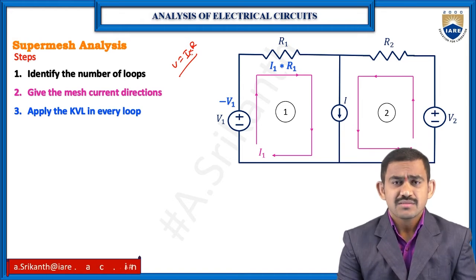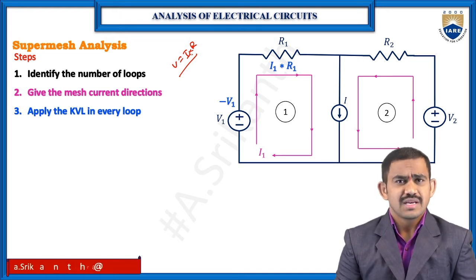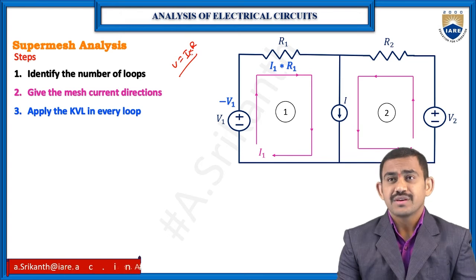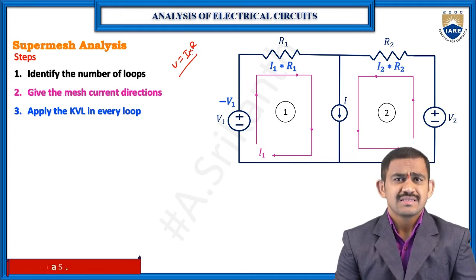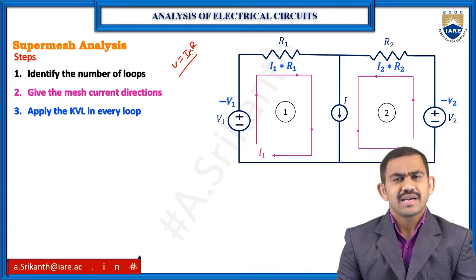At R1, I is nothing but I1, and R is replaced with R1. Then coming to R2, how many currents do we have? Again we have only one current, so I2 into R2. Coming to V2, we have minus V2.